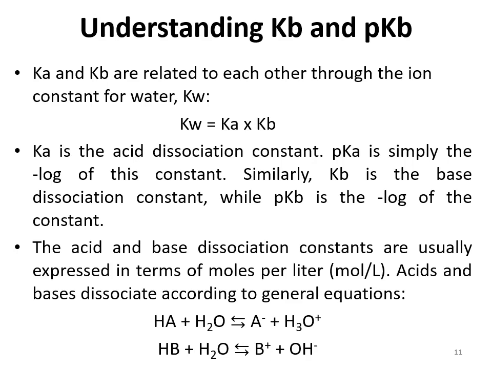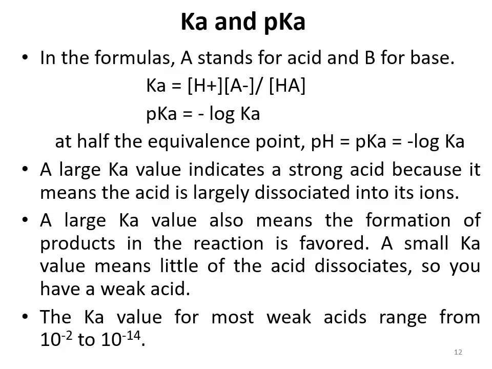Acids and bases dissociate according to a general equation, in which an acid dissociates in water and a hydronium ion is formed, and a base dissociates in water and a hydroxide ion is formed. In the formula, A stands for acid and B stands for base.